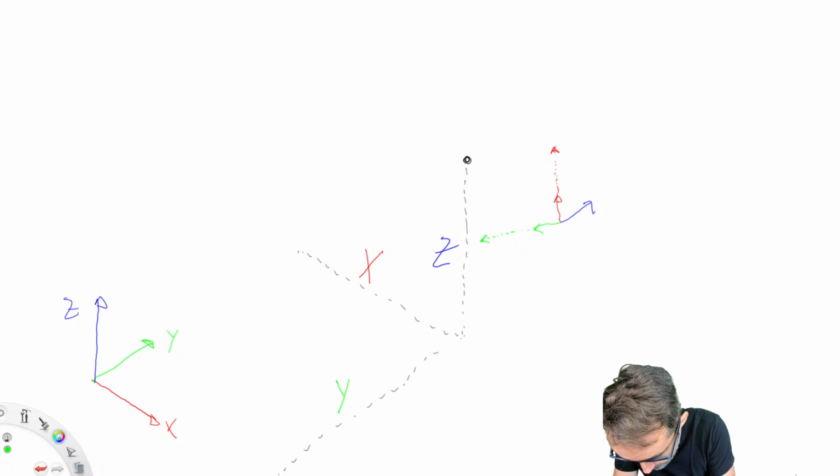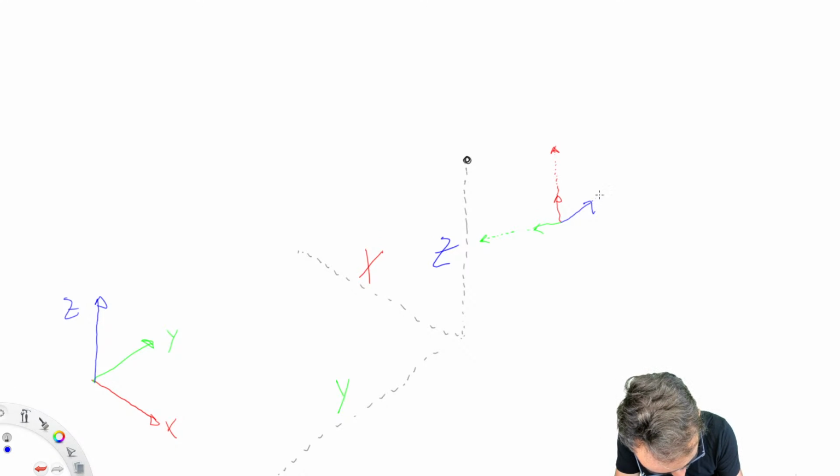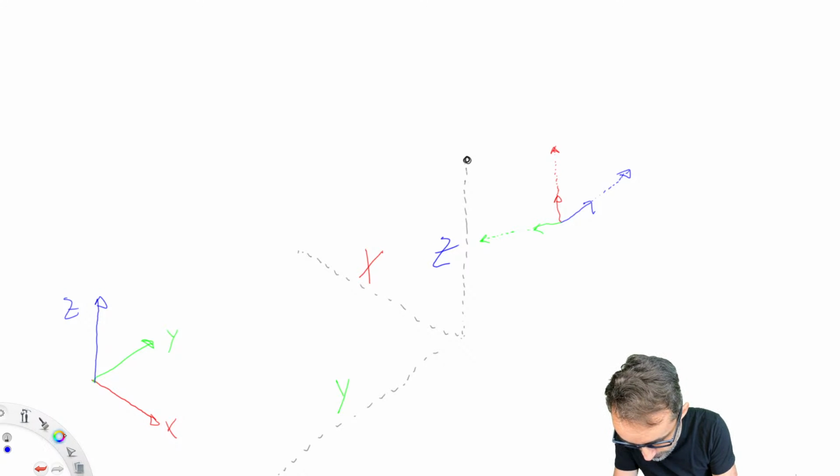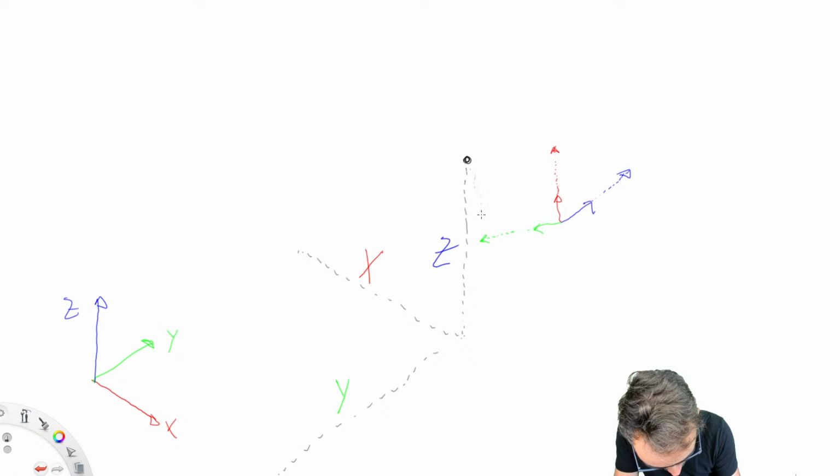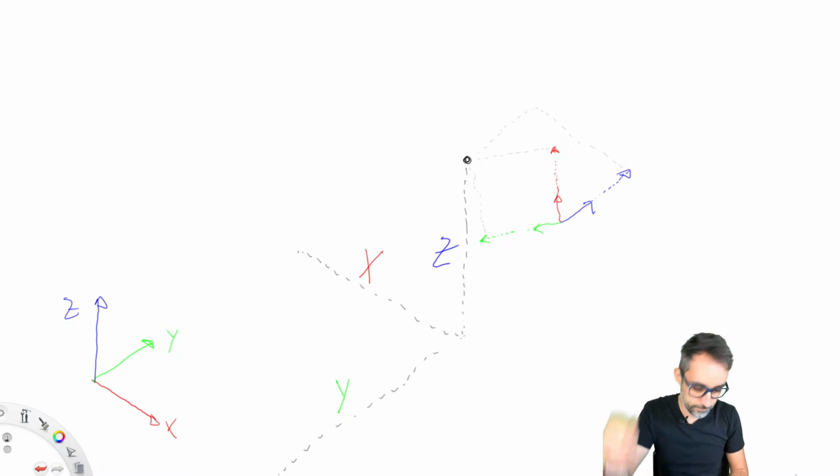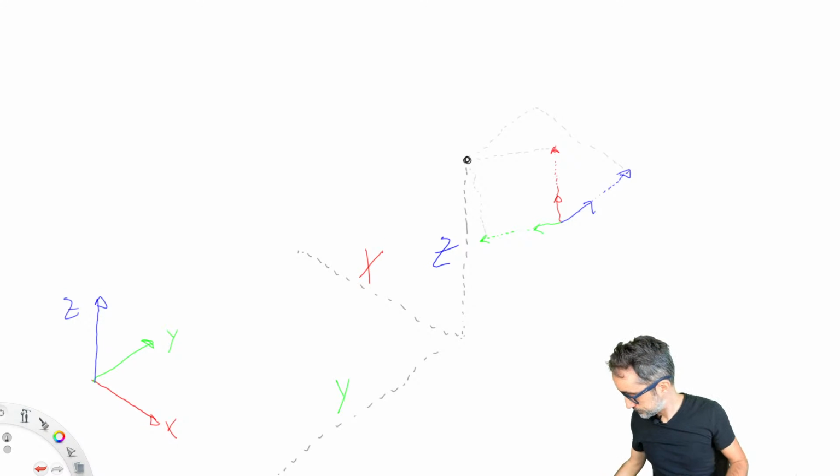And what is the projection in the c direction? It's going to be this one here. And I want that, and then that here. Okay, I'm a little happier with this now.